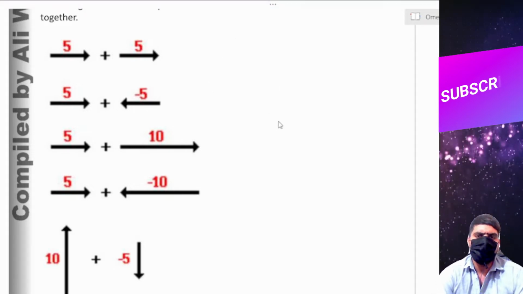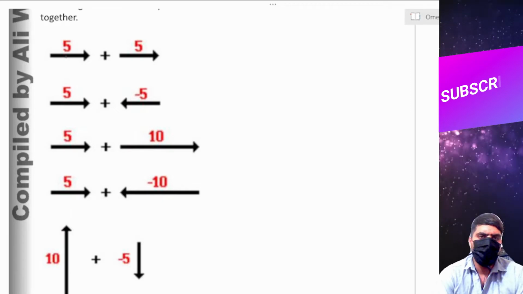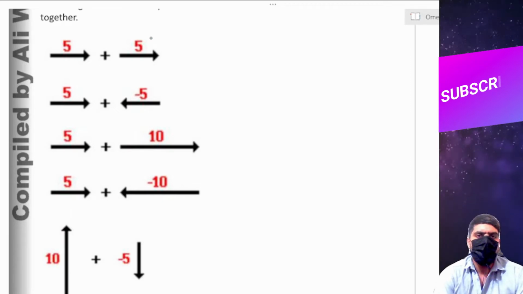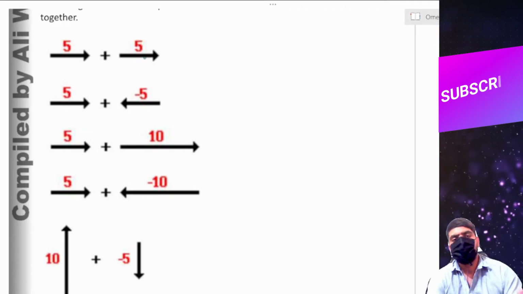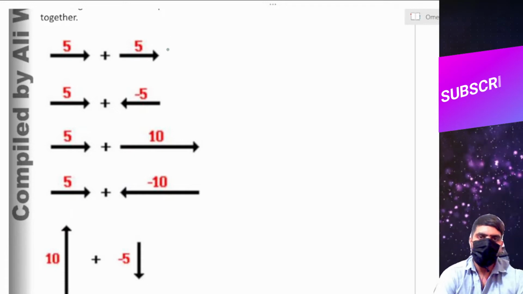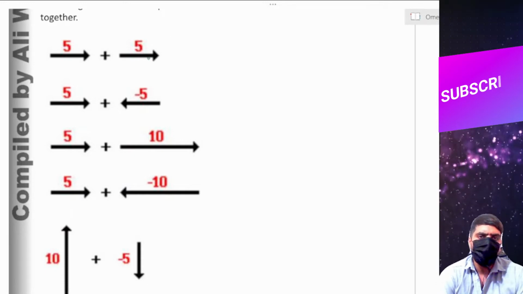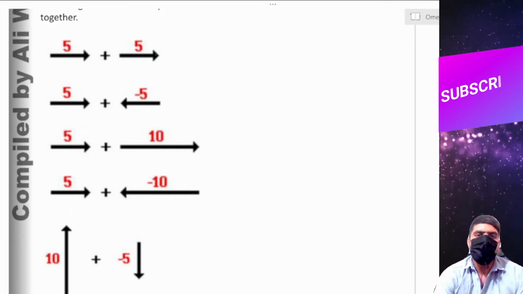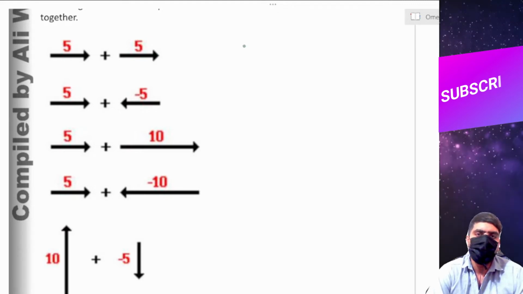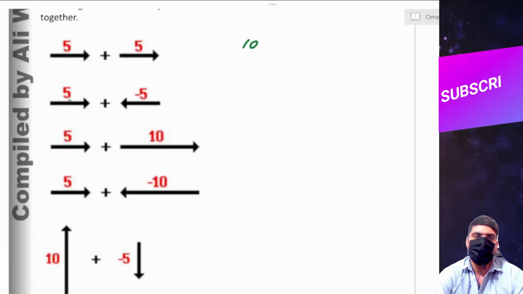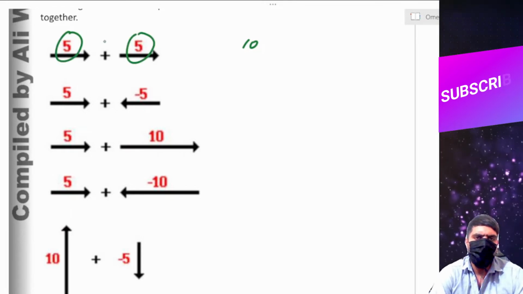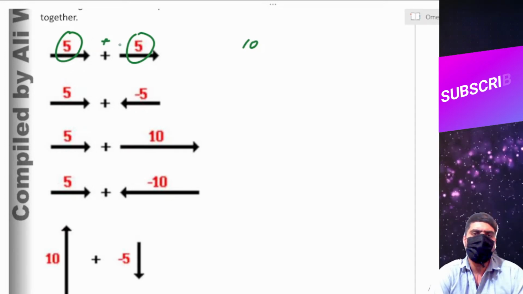It can be any vector, but we have a vector 5 towards the right side, and we have to add it with another vector that also has a magnitude 5 in the same direction. Whenever vectors in the same direction are added, the resultant magnitude is added. This one was 5 and this one was 5. You simply add these two because they're in the same direction.